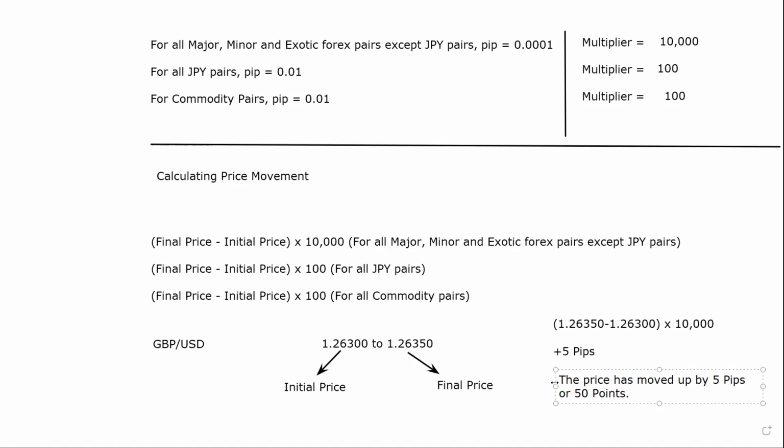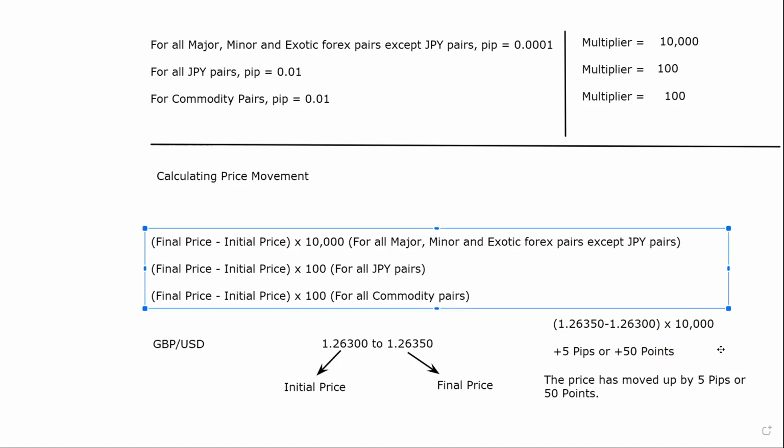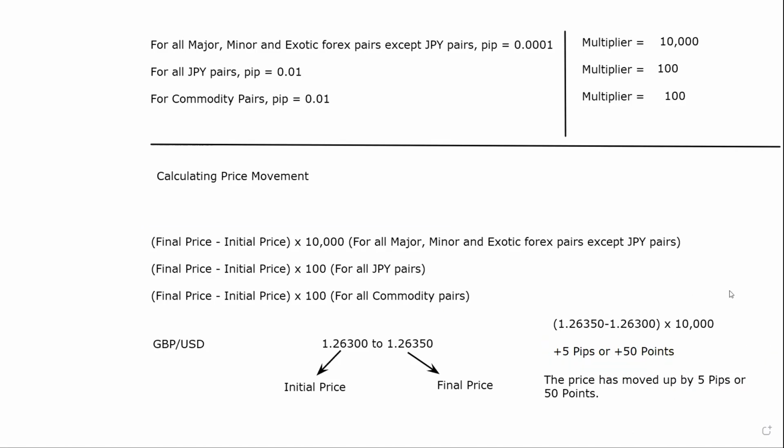That's it. The price has moved up by 5 pips, or 50 points. And you know that 5 pips is equal to plus 50 points. All right. That's how we're going to calculate our figure.